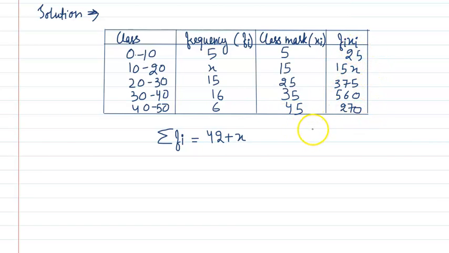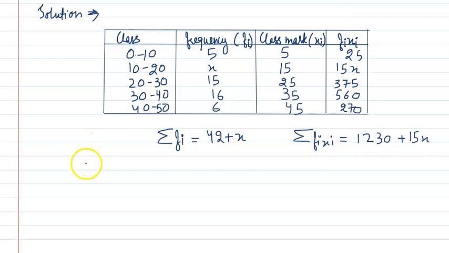We have to do the summation of Fi into Xi. This is equal to 1230 plus 15x, okay?